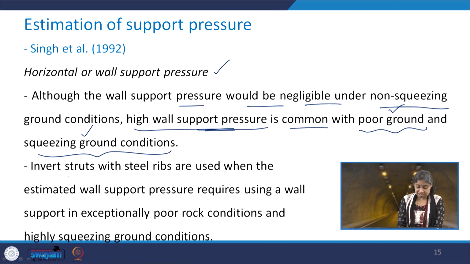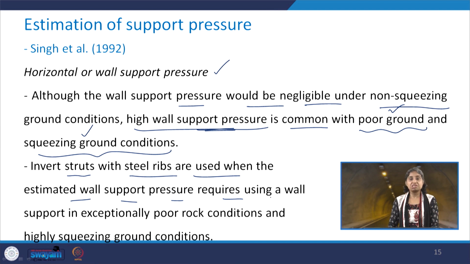So in such cases, the invert struts with the steel ribs are used when these estimated wall support pressures require using a wall support in exceptionally poor rock conditions or highly squeezing ground condition.